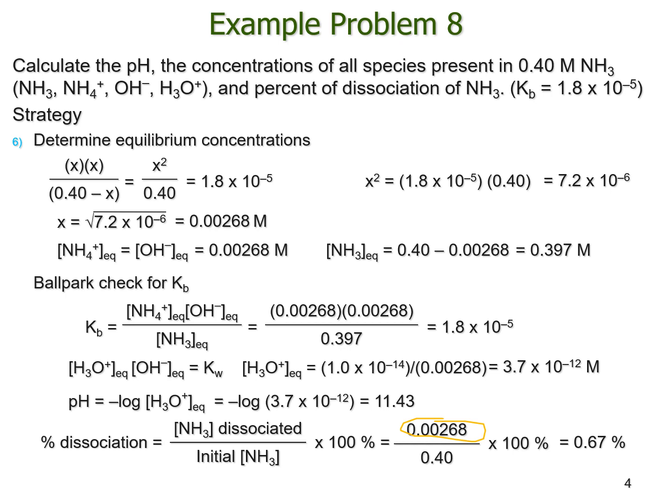Since they both have the same concentration, that would be the concentration of ammonia that has dissociated. All right, so we find it's about 1/3% dissociation. So very little, but yet it makes the pH much greater than 7.